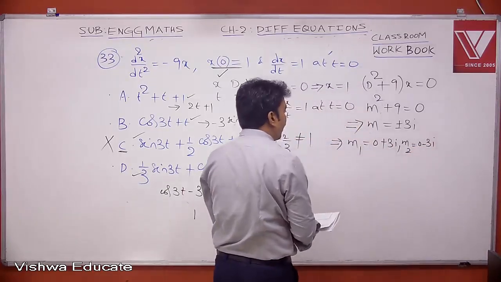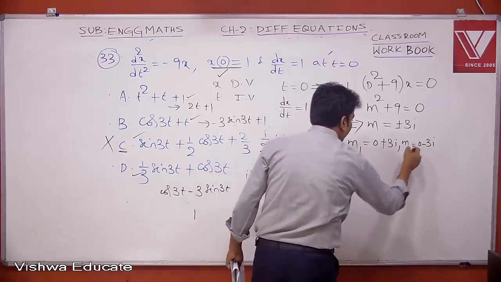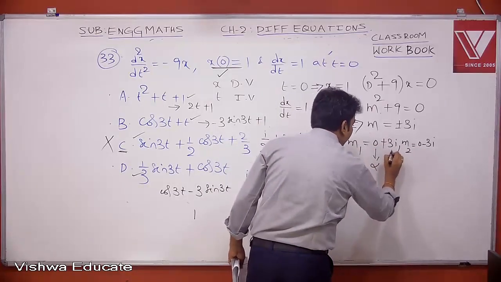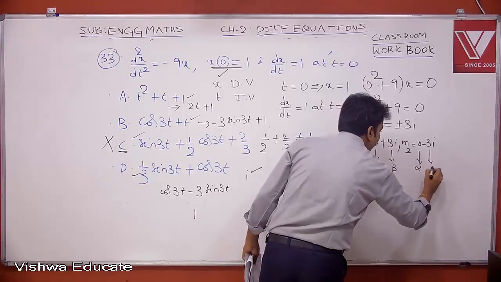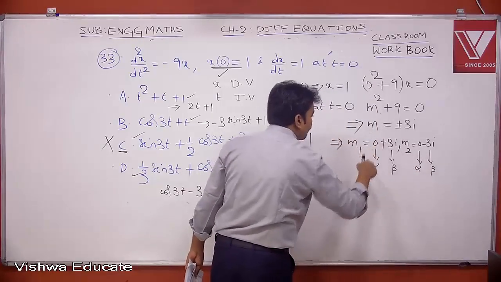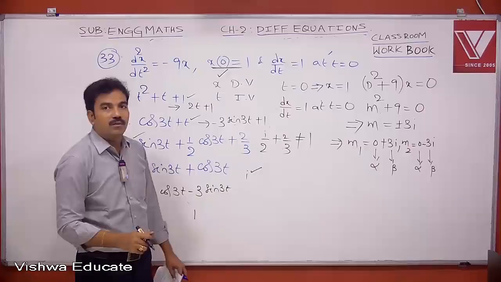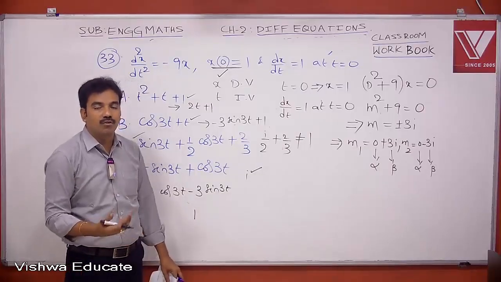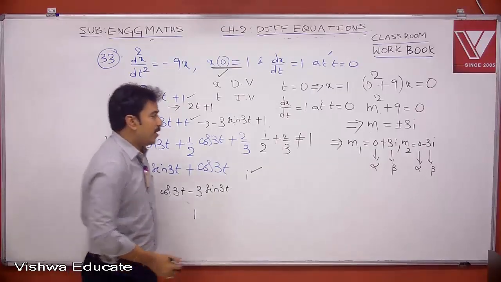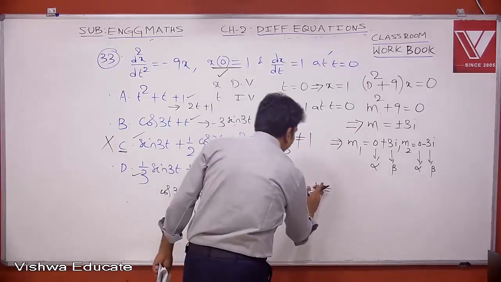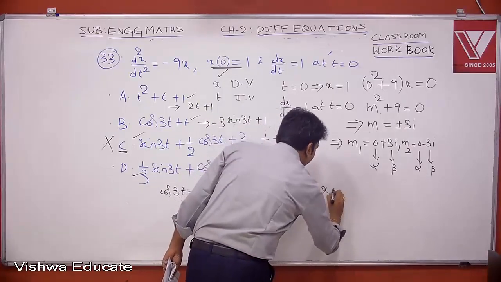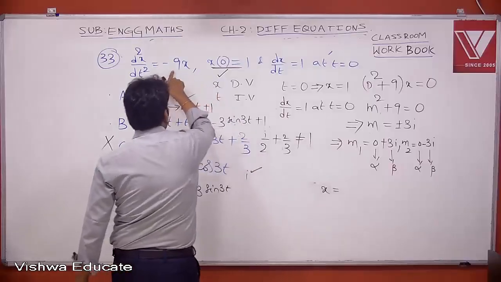The roots are complex roots. So this is alpha, this is beta. Alpha is 0 and beta is 3. So when you have complex roots, the answer will be in terms of exponential functions along with the trigonometric functions sine and cos. Therefore, the value of y equal to, actually here it is x because we need to find the x value in terms of t.